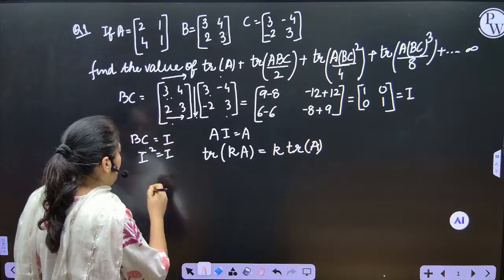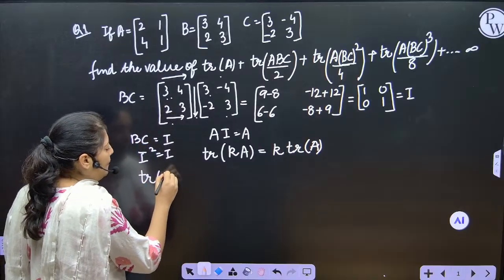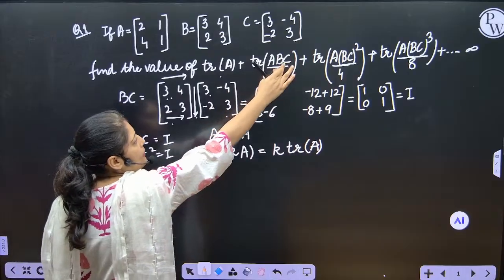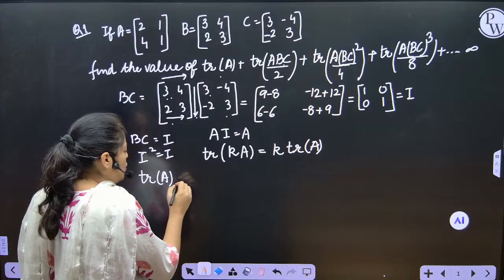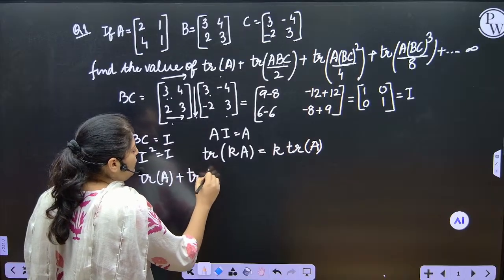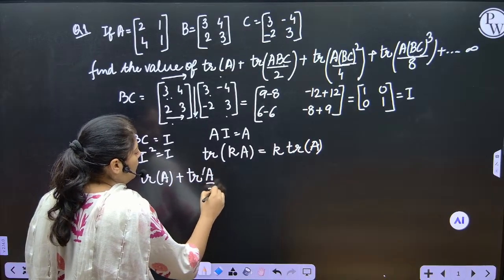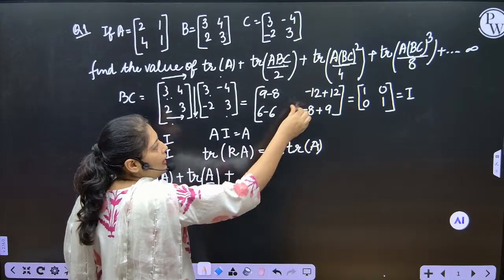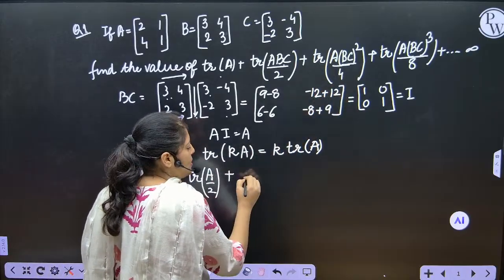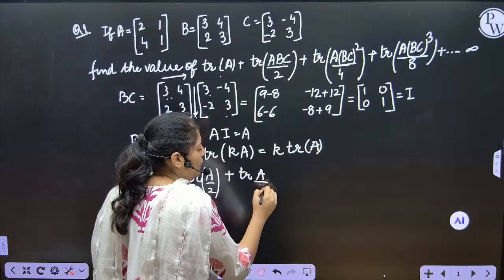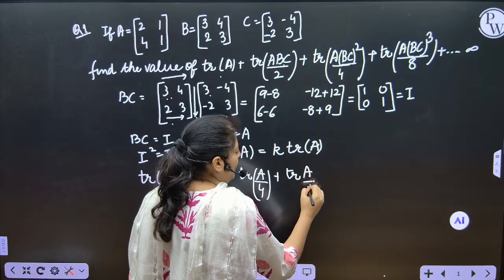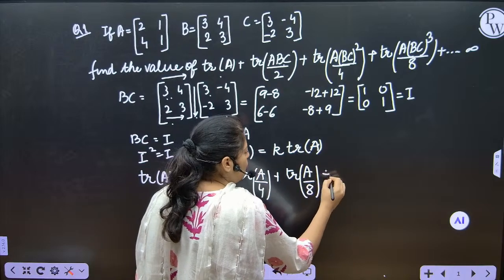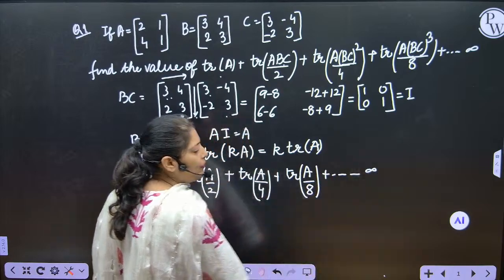Now trace of A, this is nothing but identity. A into identity is A only. So it will come out to be trace of A by 2. This will come out to be identity again, trace of A by 4, trace of A by 8, and so on till infinity.